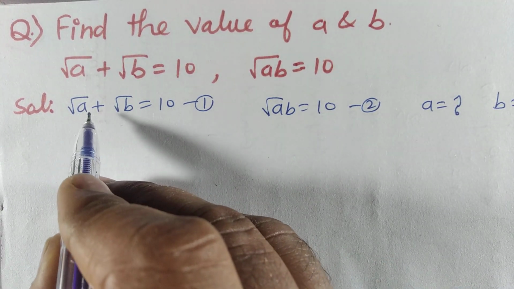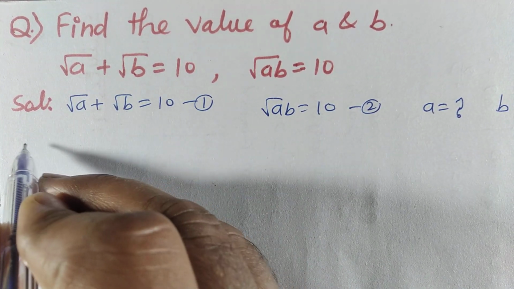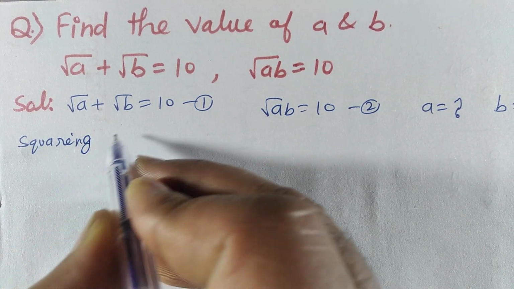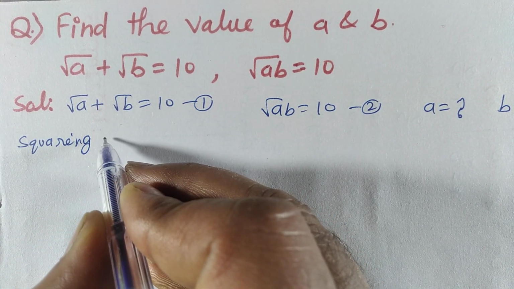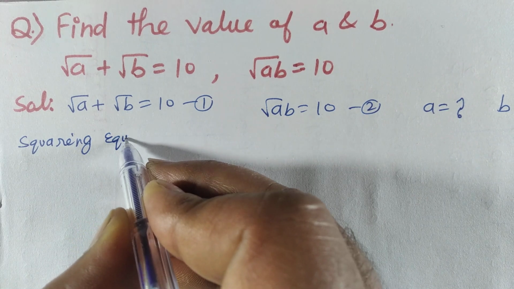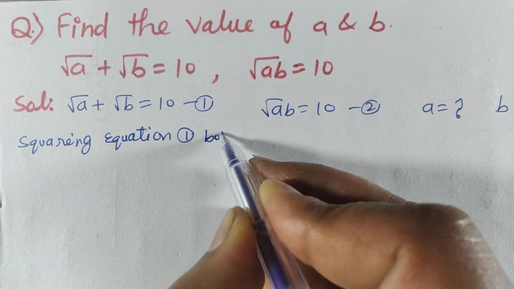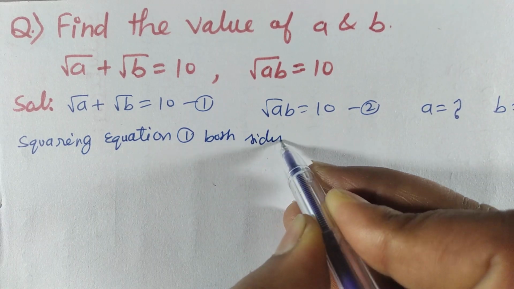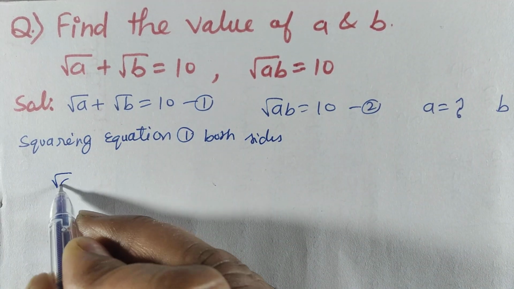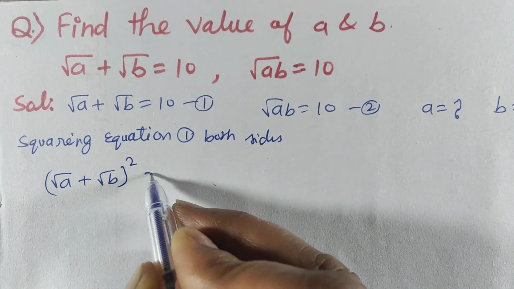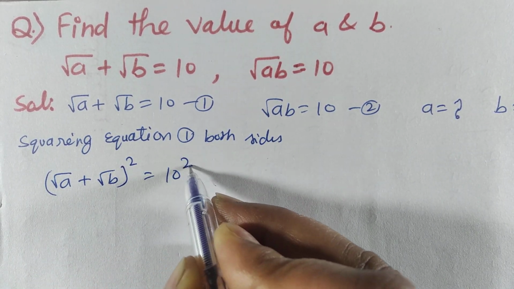Equation number 1, squaring both the sides. Square root of a plus square root of b, whole square, is equal to 10 square.